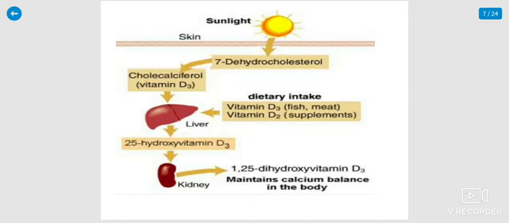Dietary intake, such as fish, meat and some supplements, goes to the liver. Then in the liver 25-hydroxy vitamin D3 is formed. Then the kidney, the organ, forms 1,25-dihydroxy vitamin D3, that means calcitriol. They maintain the calcium balance in our body.